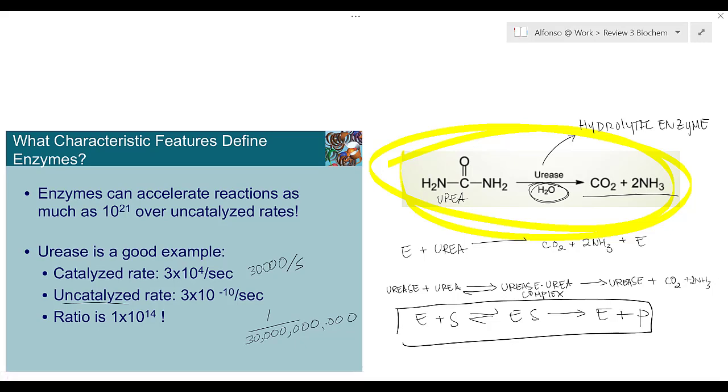So as you can see, with an enzyme, this reaction happens a lot faster. That's pretty much what this slide is trying to say: even though these reactions are slow without the enzyme, with an enzyme, it'll occur a lot faster. So I hope that helps.